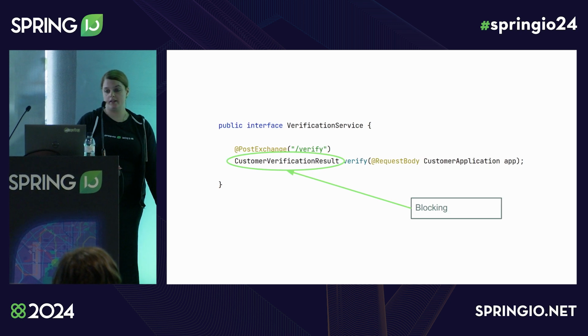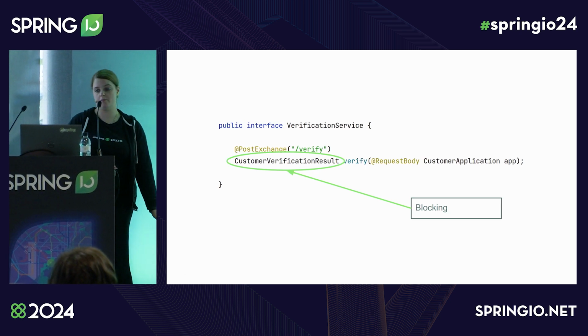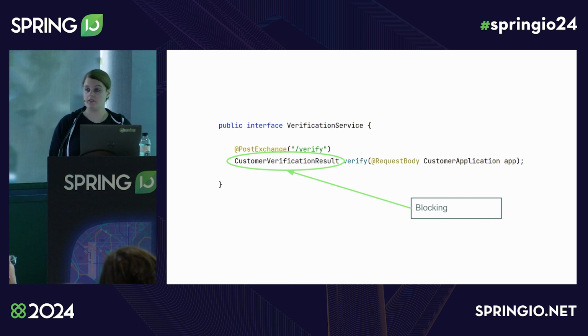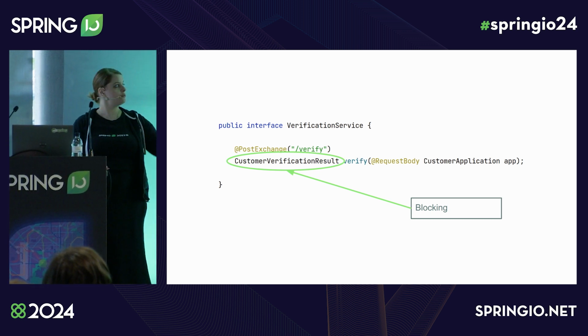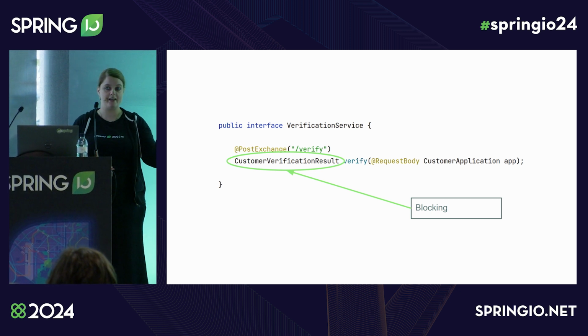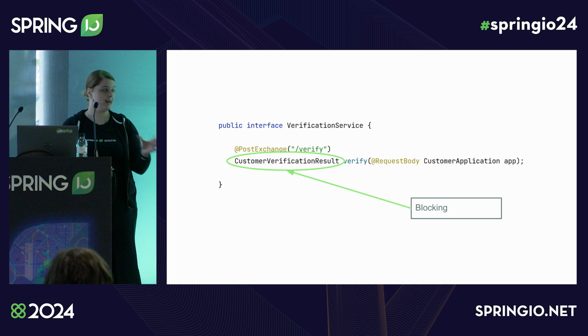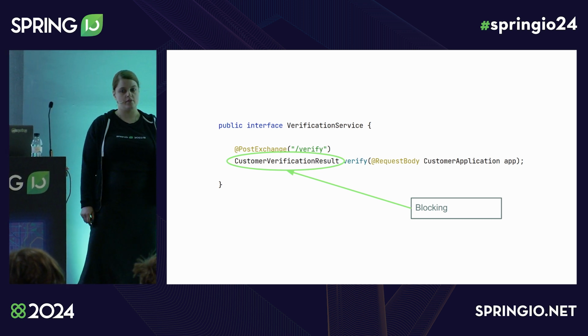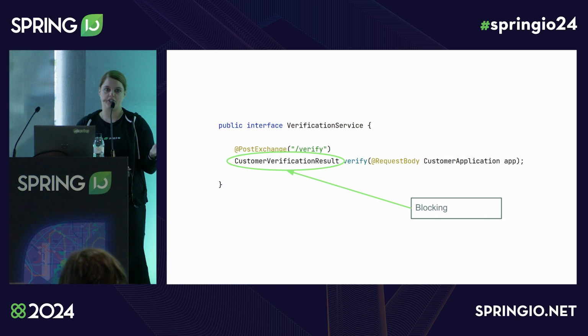Return values. Okay, so you can return pretty much anything that you may need. We have a normal concrete value. What you need to keep in mind is that if you do this, but your underlying HTTP client is web client, so a reactive stack, what will happen is we do return this concrete value, but there is no magic.